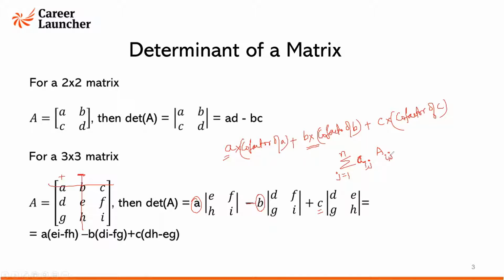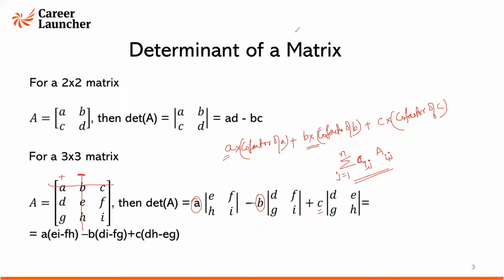Now only J will change, that is only the column will change, the row will not change. What does it mean? If this becomes too difficult to understand, let's simply say every element in a row should be multiplied by its cofactor.